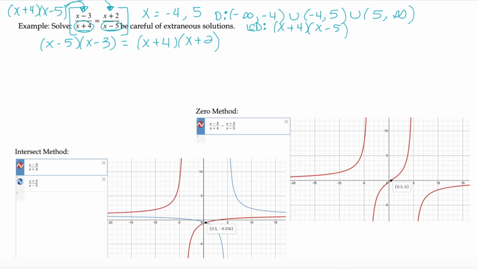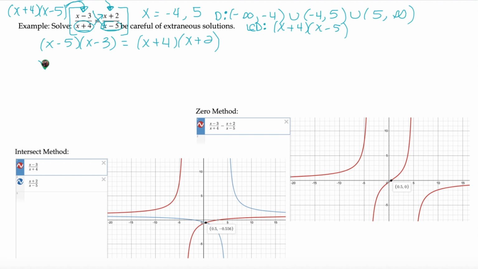You could also cross-multiply and set them equal to each other, and notice you would end up with the same result. So there's a couple ways you could have tackled this piece together. Let's go ahead and distribute.